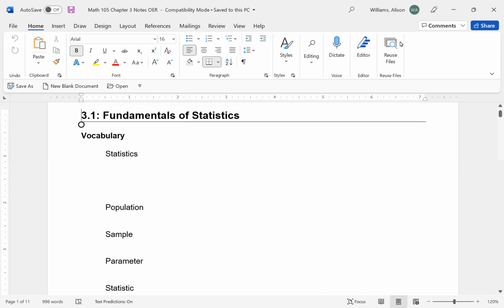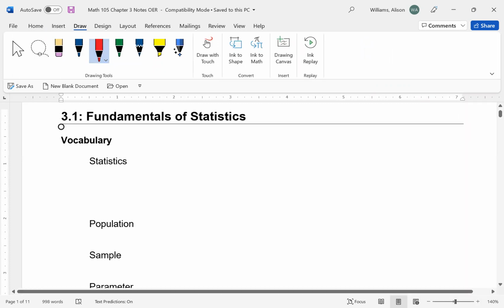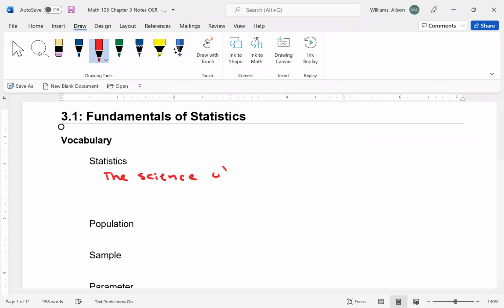Let's start with the big word, statistics. So statistics is the science of collecting, organizing, summarizing, and analyzing data.